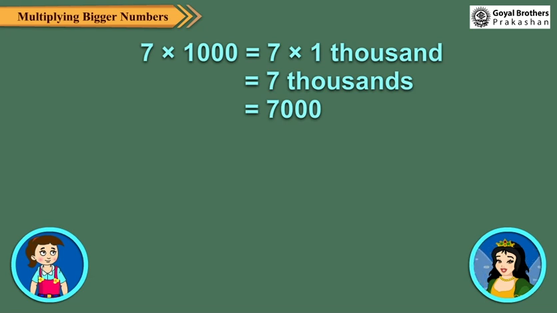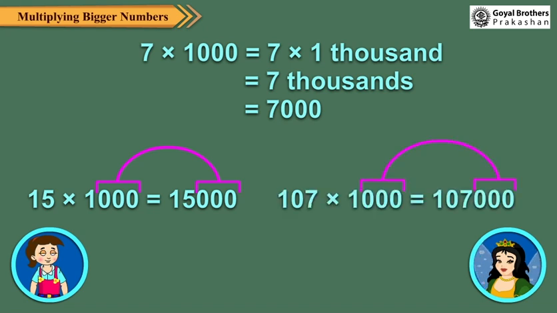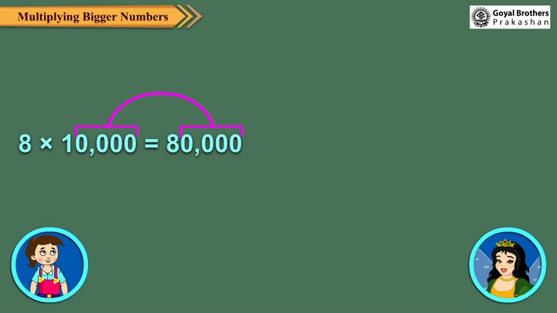Now consider the product 7 multiplied by 1000. We see that the product of 7 and 1000 is 7000. Thus, to multiply a number by 1000, we insert 3 zeros on the right of the given number. Similarly, to multiply a given number by 10,000, we insert 4 zeros on the right of the given number.